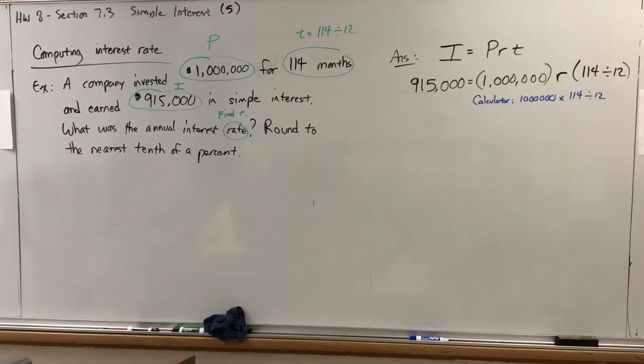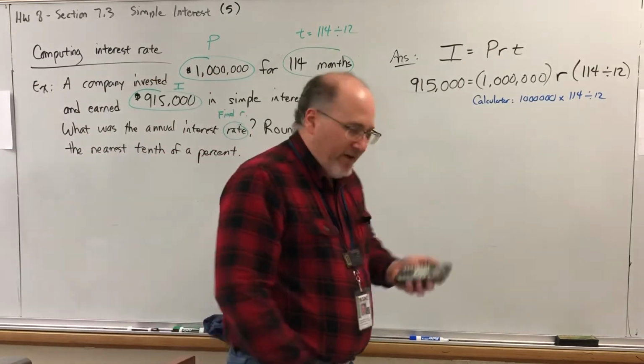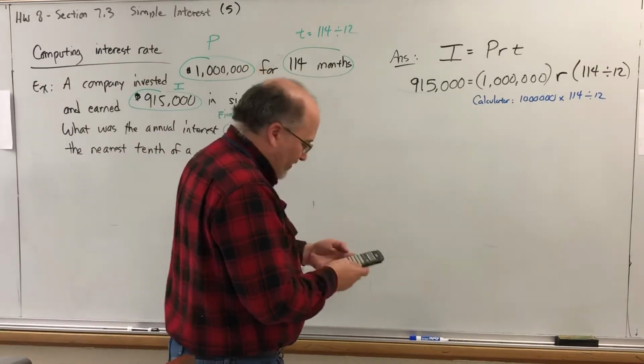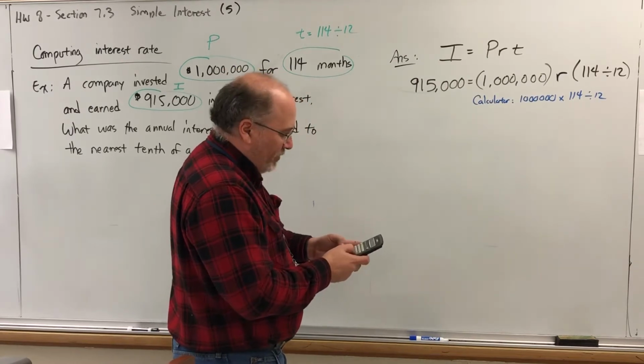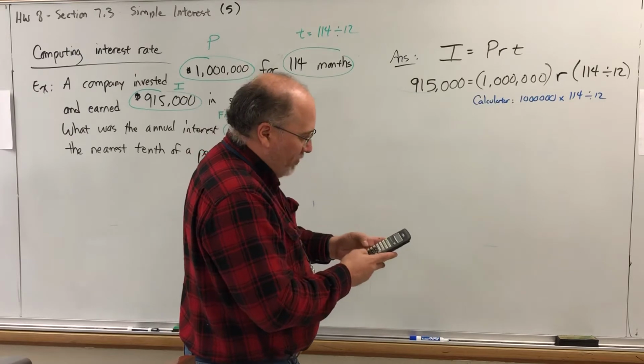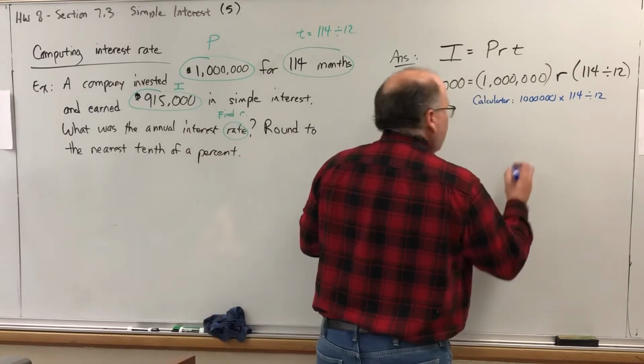Here's one. You don't have to spend a lot of money getting a fancy calculator. You could probably spend about $10 and get one a little nicer. Let's try this again.